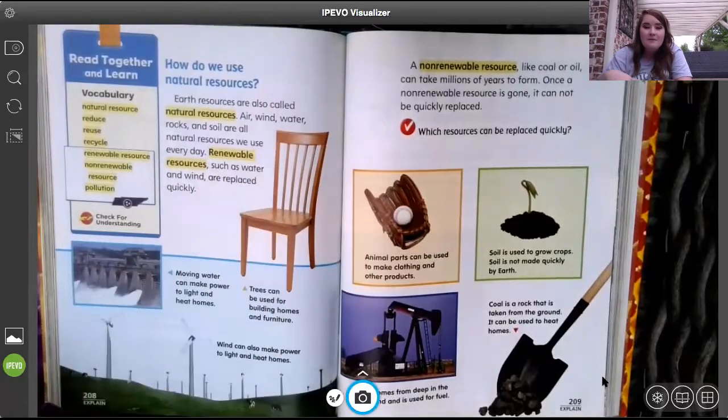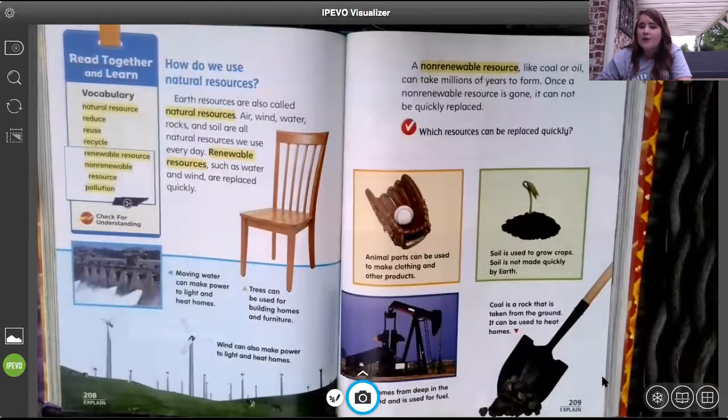They exist in the earth. And so some of them are renewable. If we use them up, they're going to be able to be made quickly. We're going to get them back quicker. But not all of them are renewable resources. A non-renewable resource like coal or oil can take millions of years to form.